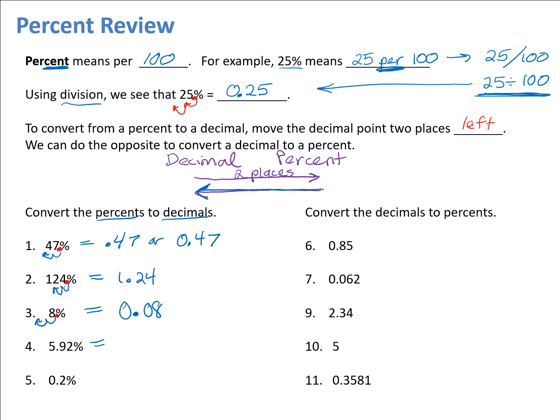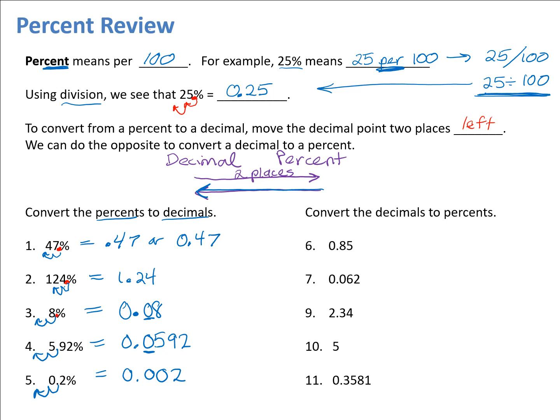Same thing happens in the next one, 5.92%. If I move 2 places to the left, I get 0.0592. I need a placeholder of 0 to be able to move the decimal point 2 places. And then for 0.2%, I actually need 2 zeros as placeholders, 0.002. So there we've converted 5 different percent values to decimals.